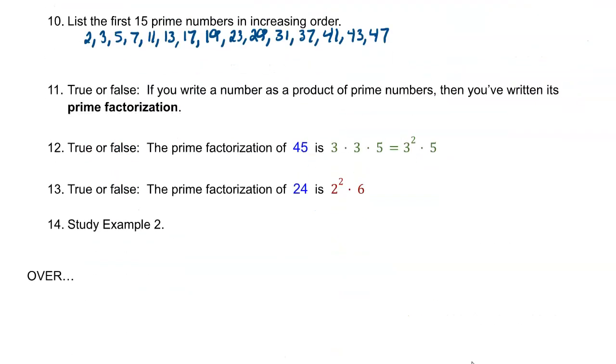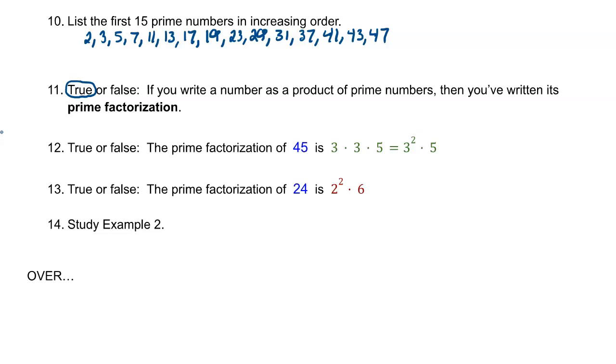Number 11, true or false? If you write a number as a product of prime numbers, then you've written its prime factorization. This is true. Number 12, true or false? The prime factorization of the number 45 is the product of these prime numbers, 3 times 3 times 5, which can be written in exponential form as 3 to the second power times 5.